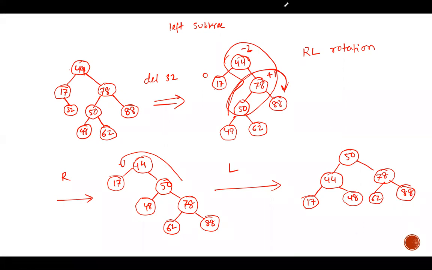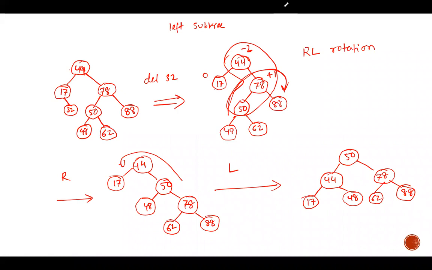Any question? Okay, so now let's work on another exercise. Here we are going to see one exception between insertion and deletion. In both insertion and deletion, the algorithm for rebalancing is the same, right? Either we are doing LL, RR, RL or LR. But in insertion, after every insertion, we need only one rebalancing.